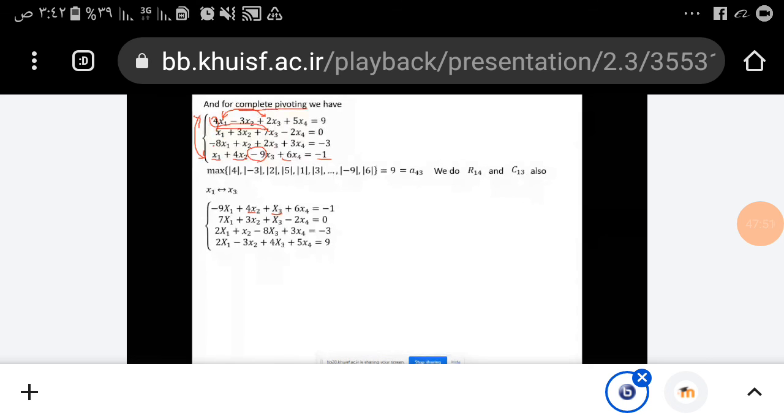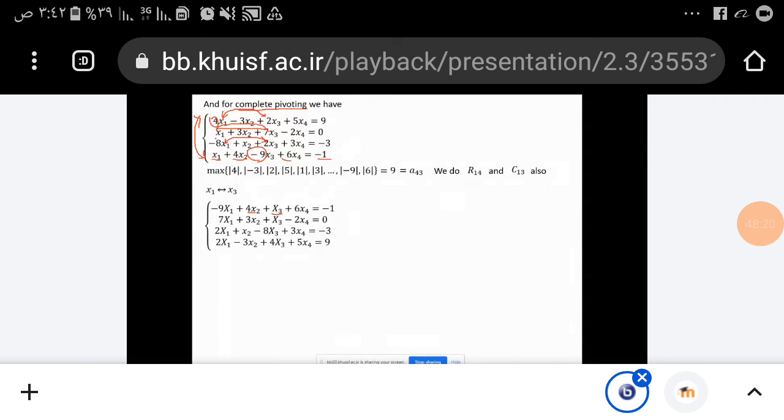The third row doesn't change, but these are commuted. So 2 x1 big plus x2 minus x3 big, that is x1, plus 3 x4 equals -3.